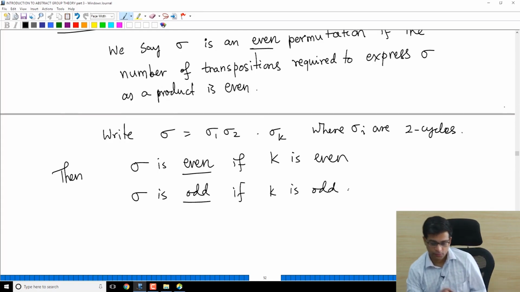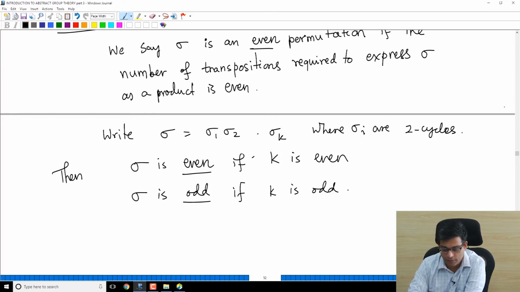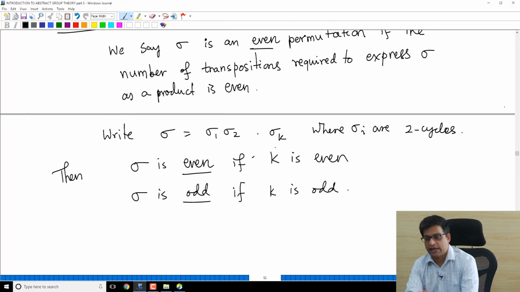Now you might ask, because the representation is not unique, why is this definition well defined? Because sometimes you might require 3, sometimes you require 5, but the theorem now comes in. What is the theorem that we proved? Even though the number of transpositions required might be different, in each representation we will have the same odd number or even number.